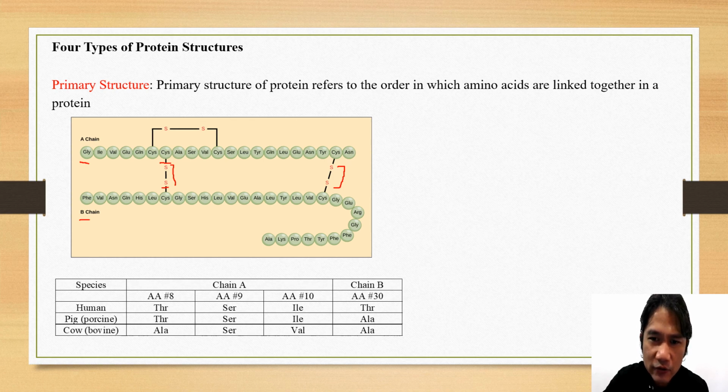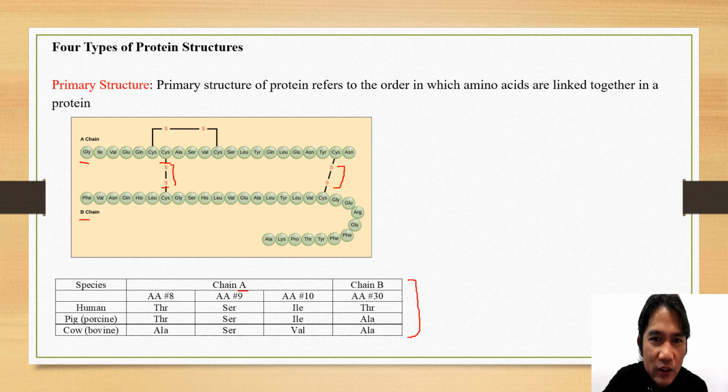Now look at this table. Why is sequence important? There are 3 species here: human, porcine, and bovine. And this is the sequence of the amino acids. In chain A, the eighth amino acid in human is threonine.